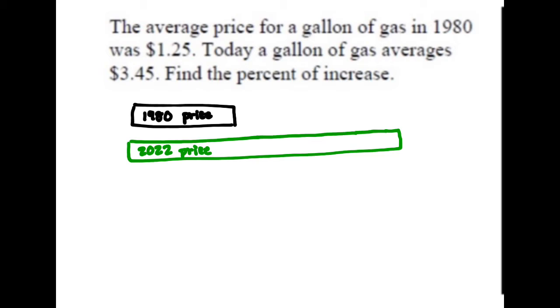Okay, they asked, find the percent of increase. So we want to find how far the price increased from 1980 until now. This is the number we're going to use in our equation. Okay, so let's work it out. 1980 price is $1.25.